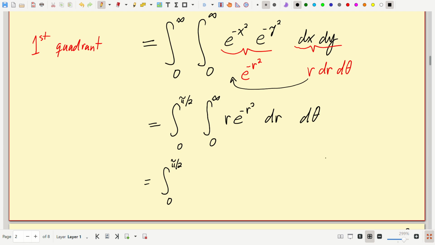If I let u be equal to r squared, so du is 2r dr, then this change of variables gives an integral of 1/2 e to the minus u, or minus 1/2 e to the minus u, integrating between u equals 0 and u equals infinity, and then d theta.